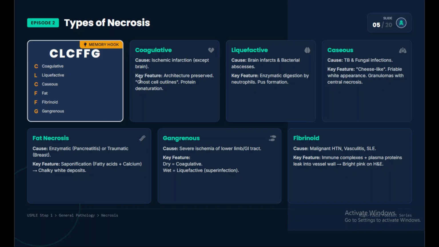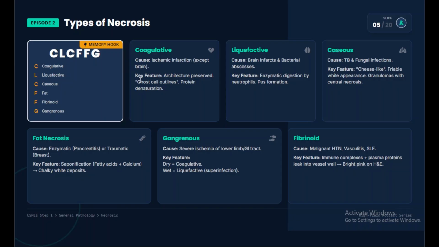To be more correct, this junk surrounded by macrophages is called a granuloma. So caseous necrosis equals TB plus granuloma plus cheese-like appearance.